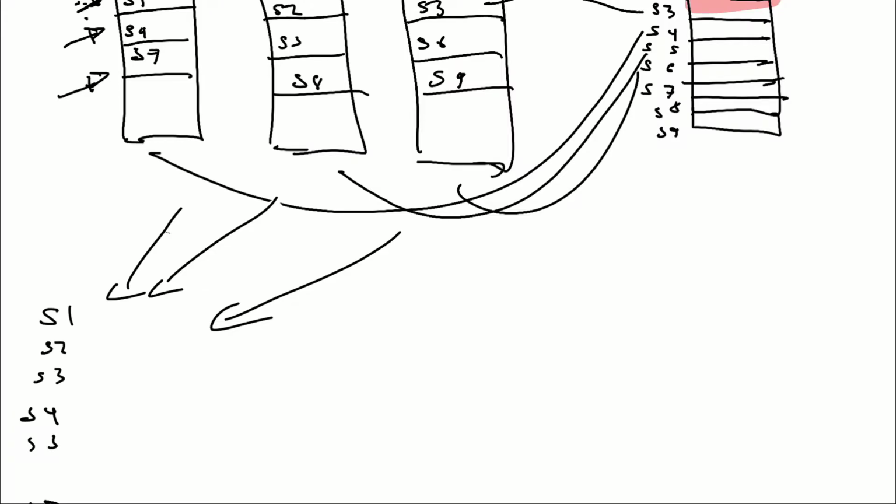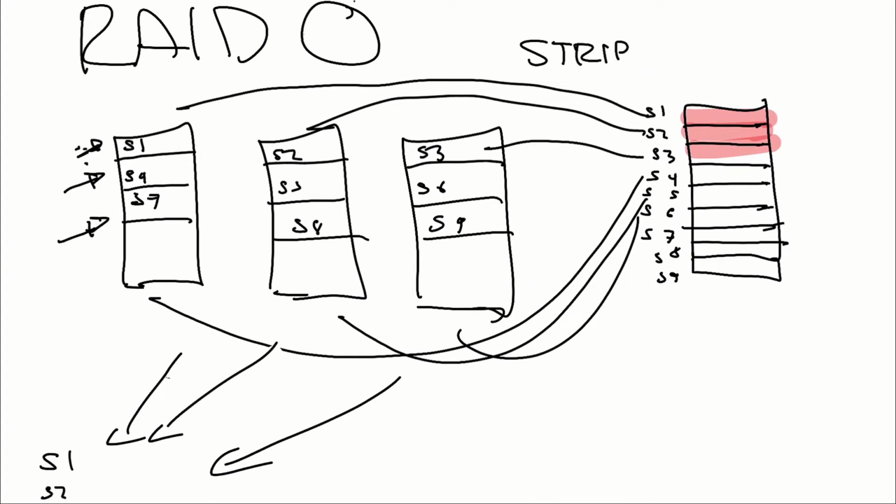So you Lego them back together, and you're also able to read 3 times as fast, because you only need time to read 3 strips. As long as you read them concurrently, you'll be able to get all the information back again 3 times as fast.